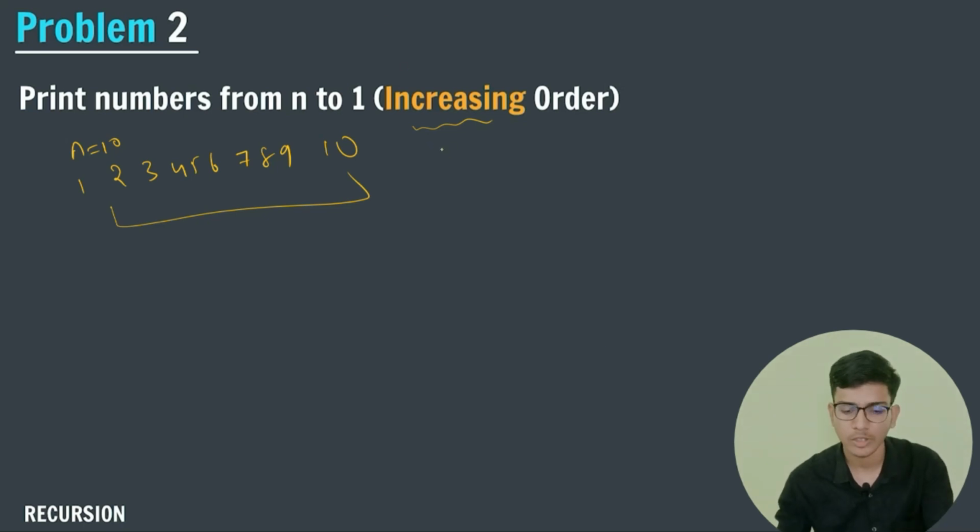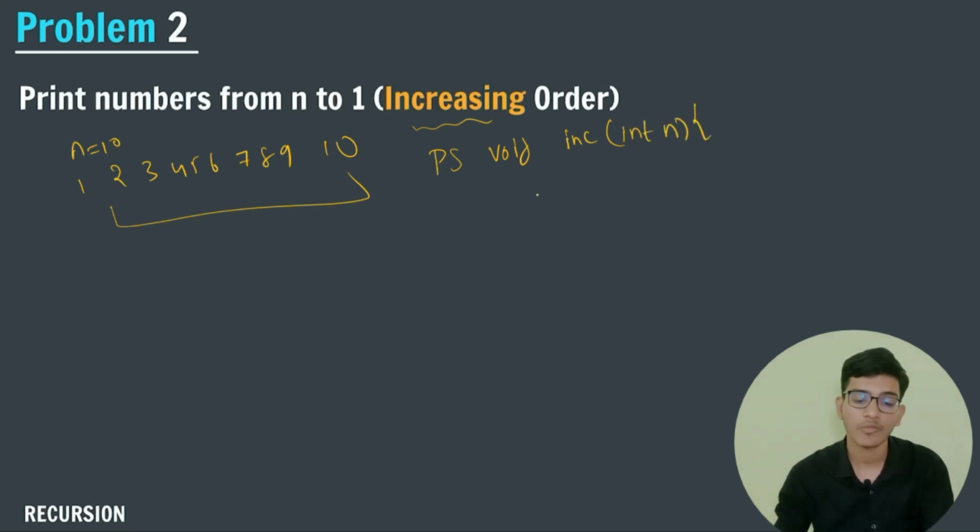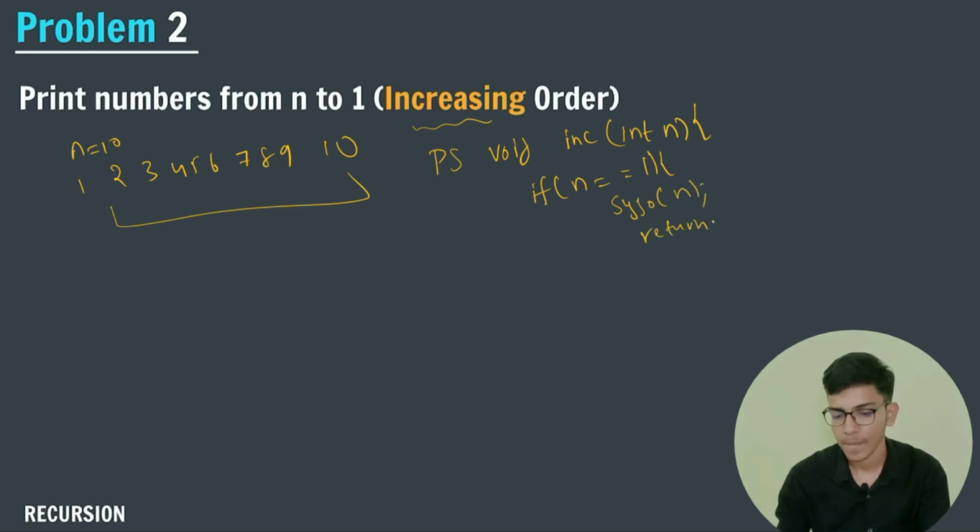First of all, I will write my pseudocode, that is public static void increasing. In the increasing function, I am passing my parameter int n. After that, I am checking my base case: if n is equal to 1, then print System.out.print value of n. After that, return. In the previous question, we used to print the number first.